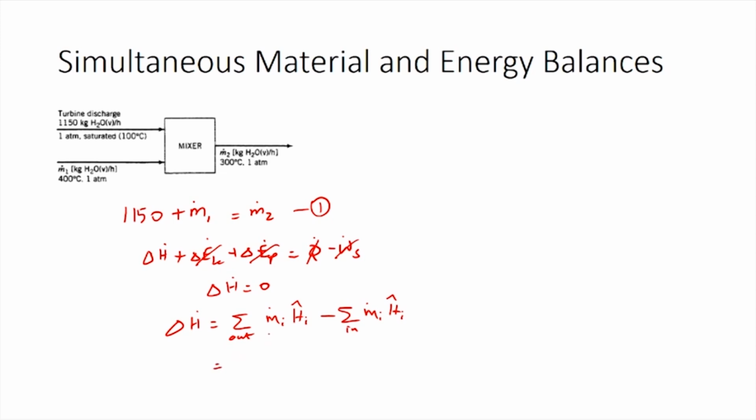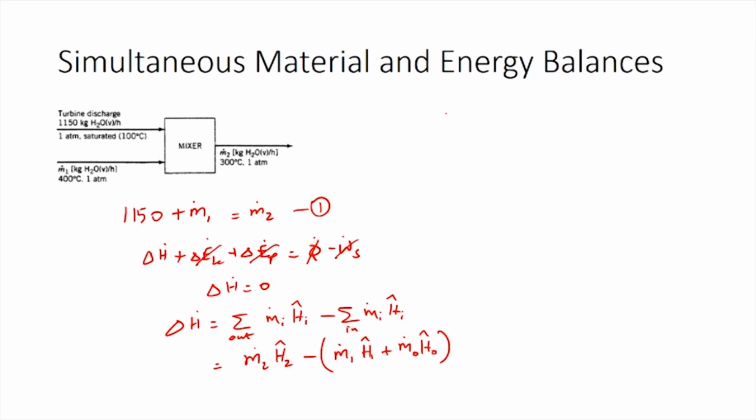The outlet stream is m2 dot times, let us call this H2 cap, minus m1 dot times H1 cap plus, let us call that, m0 dot H0 cap, where m0 dot is 1150 and H0 cap is the enthalpy associated with the inlet stream.